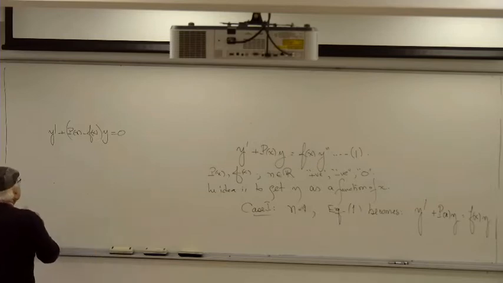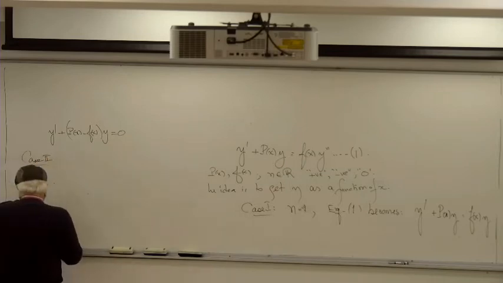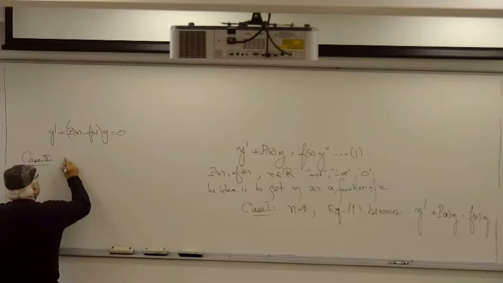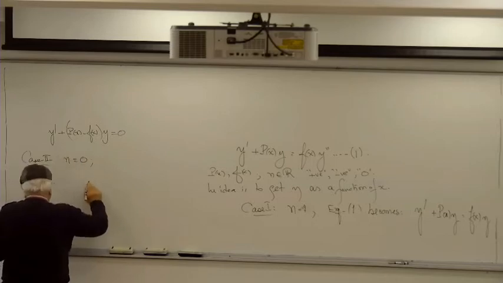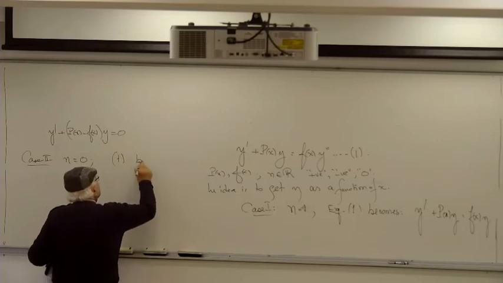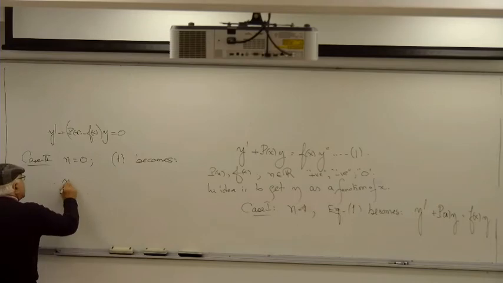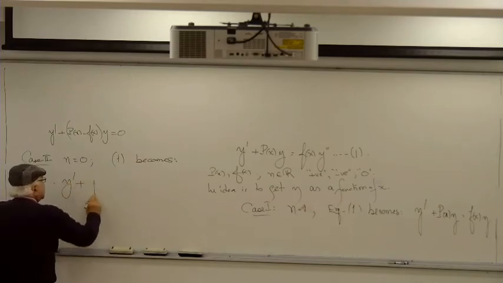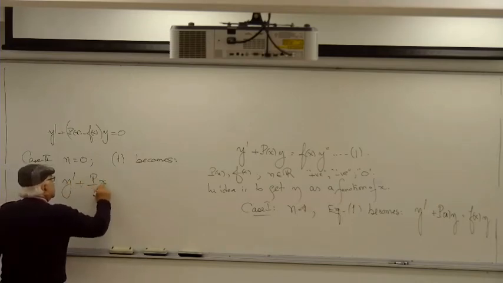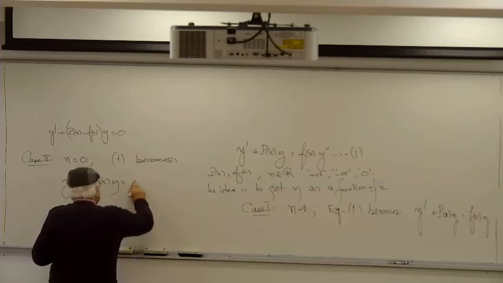The second case is when n equals 0. The equation 1 becomes y prime plus P of x, y equal to just f of x.